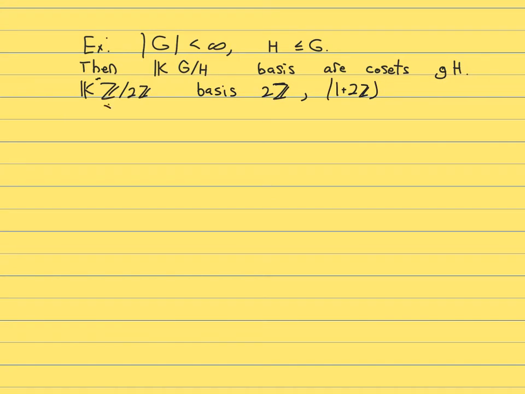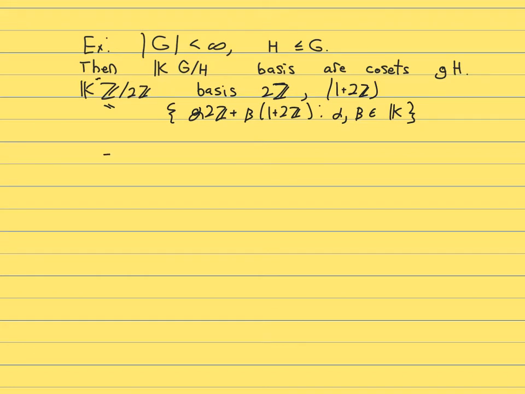So then the elements here are all things of the form alpha times 2Z plus beta times 1 plus 2Z, where alpha and beta are just scalars in your field. So it's a vector space of dimension 2. And you've just chosen to name your basis vectors as cosets.